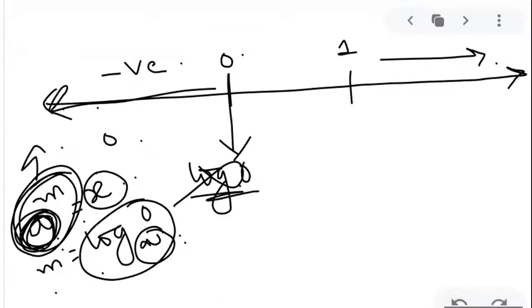You can't find the logarithm for any negative number. There is no log of minus 1. So from 0 on, all of this side is off limits in logarithms. All right.